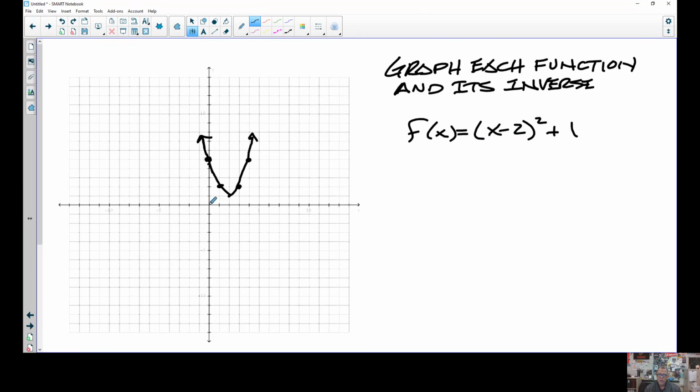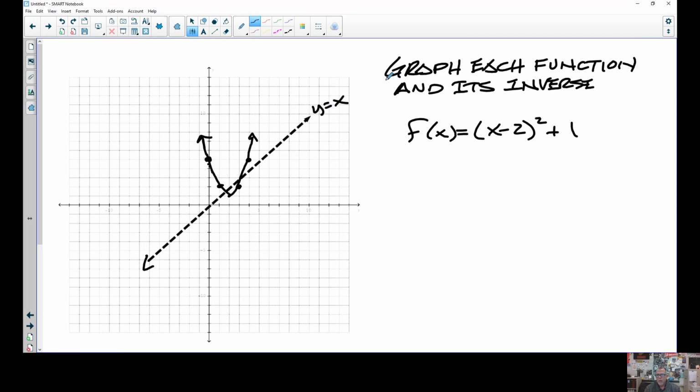And that relationship is that if we draw the line y equals x, every function's inverse is a reflection across the line y equals x. This is the line y equals x.